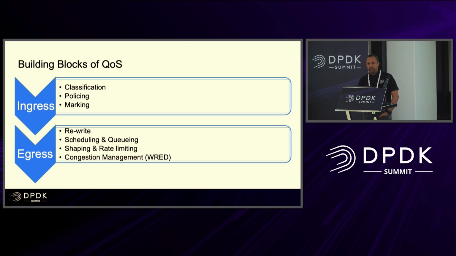It will just act on the configured rates and provide the output color without considering the input color. In color-aware mode, it does take the input color from the classifier and works on it accordingly. For example, if the input color is green, the output color would be green, yellow, or red. If the input color is yellow, the output would only be yellow or red. If it's red, it stays red. So that's for the policer.